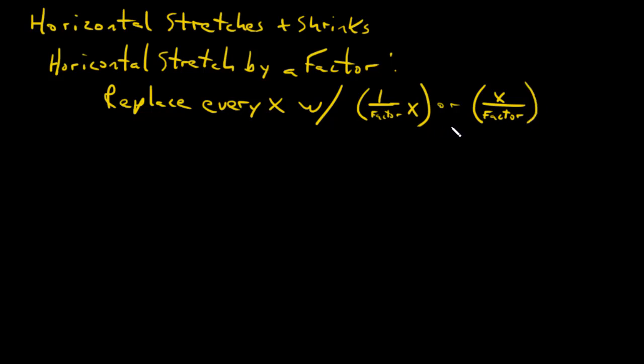Okay, so remember me saying that everything in horizontal transformation is the exact opposite of what logically should happen? Same here. If I want to stretch it, I wind up dividing every x by the factor in order to stretch it by that factor.